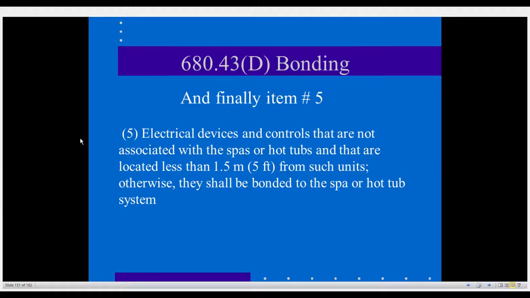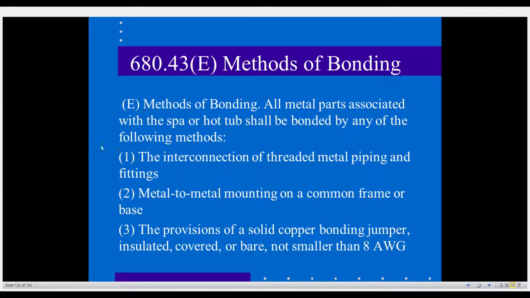Now we have to know how to do that. Here are the methods. You have 3 methods of doing this. All of the things that we just talked about have to be bonded together. They could be interconnected with threaded metal piping and fittings, so that could serve as the bonding. Or it could be a metal-to-metal mounting on the common frame.